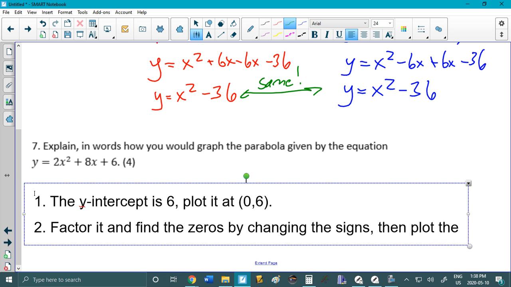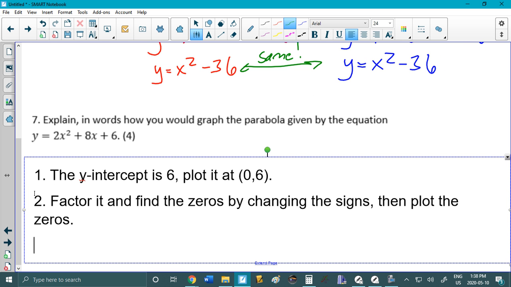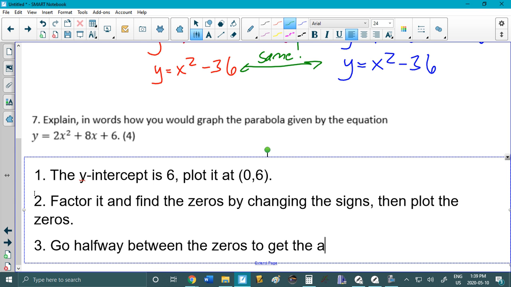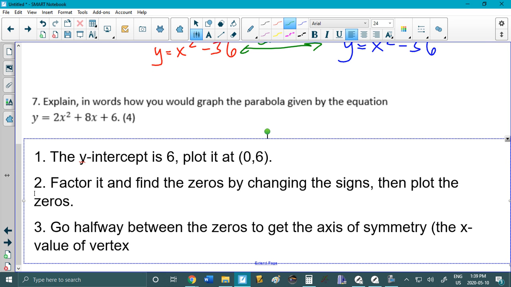Then plot the zeros. And then I would say step 3, go halfway between the zeros to get the axis of symmetry, which is the x value vertex. Plot dotted line for axis of symmetry.